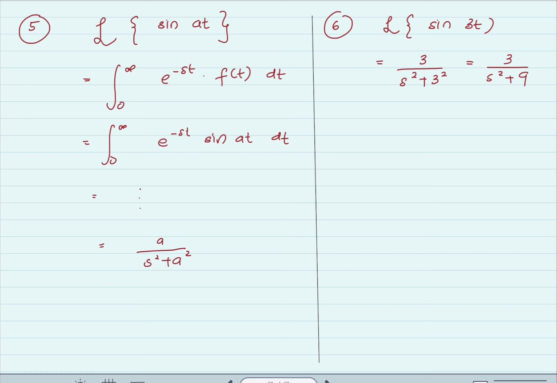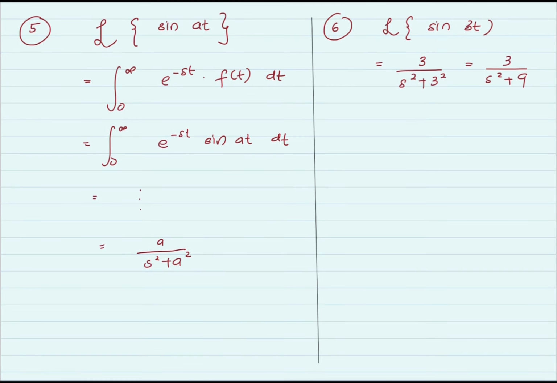Or let's say you want to find the Laplace transform of sin(2t), for example. It will be 2 over s squared plus 2 squared, which is 2 over s squared plus 4.